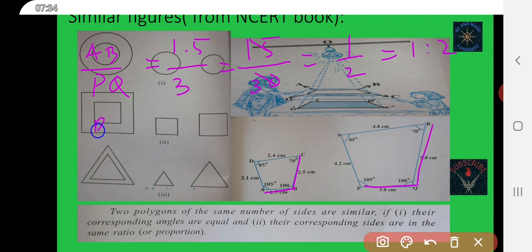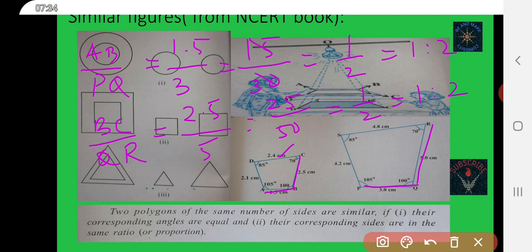So BC by QR is equal to 2.5 centimeter by 5 centimeter, that is equal to 25 by 50, it is 1 by 2, so the ratio is 1:2.